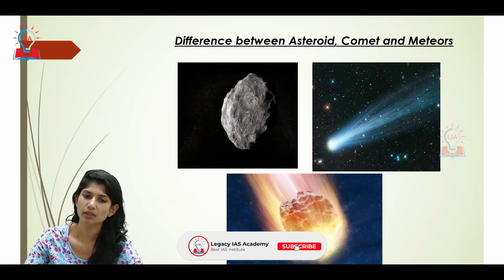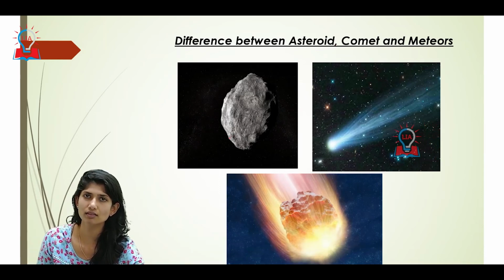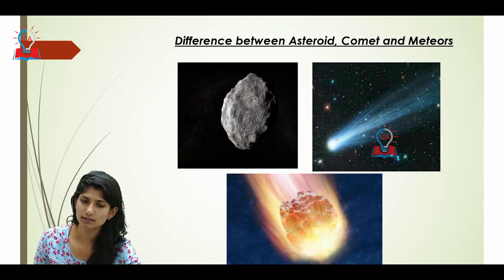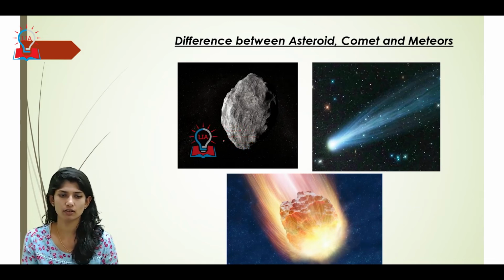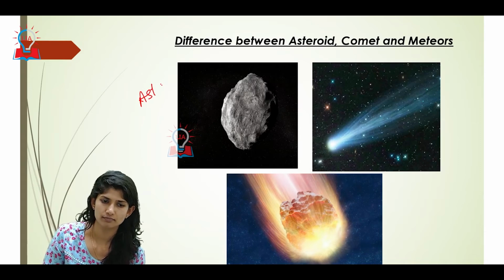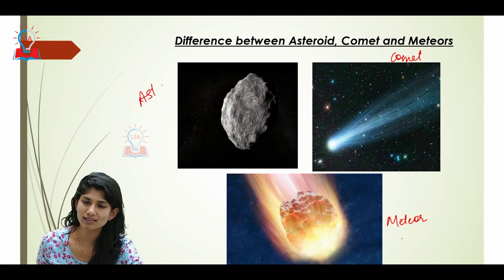What is the difference between an asteroid, a comet and a meteor? We just discussed asteroids. Now look at the picture. When a comet moves around the sun, it loses gas, forming its tail, and this process is called outgassing. It is a phenomenon that arises due to solar winds and solar radiation. So this is an asteroid, this is a comet, and this is a meteor.